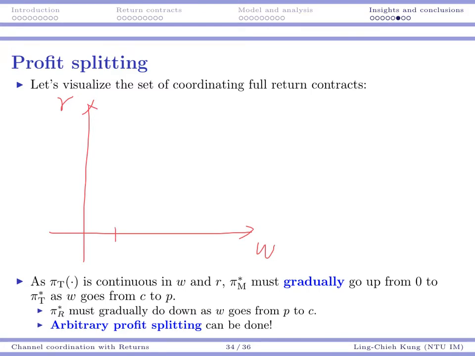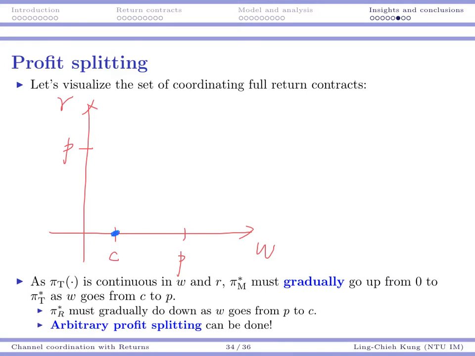W should be between C and P, and R should be between 0 and P. In the previous slide we have the equation, and you may verify that when W is C, your return credit should be 0.